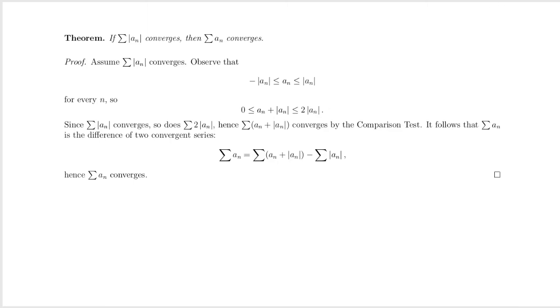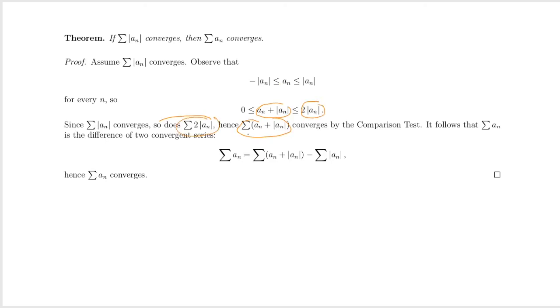The next line, since we're assuming that the sum of the absolute value of a sub n converges, that certainly means that the sum of twice the absolute value of a sub n converges. You could pull the two outside of the series. And we've got that the terms of this series are smaller than the terms of that series.